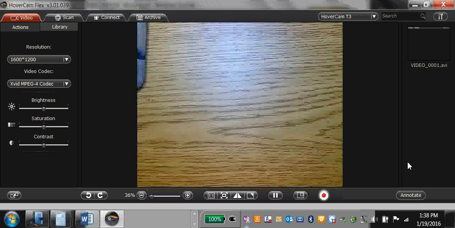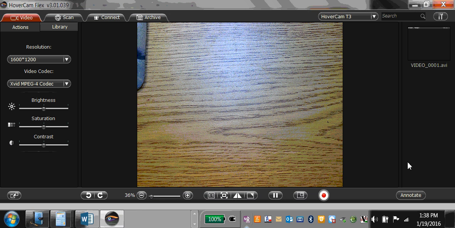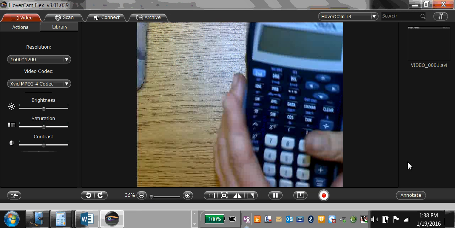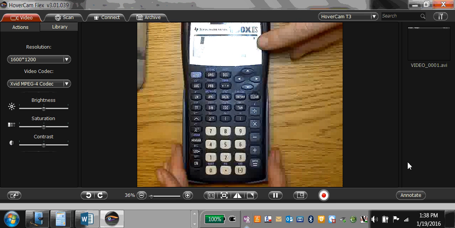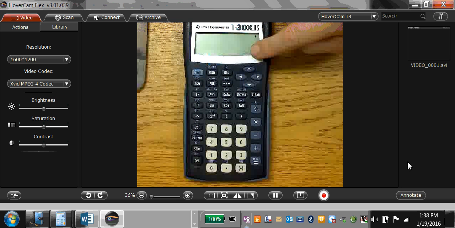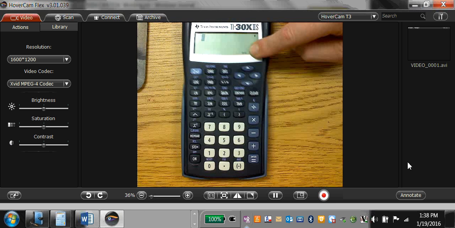Now before we move on, I need to make sure your calculator is set up. Everybody, go to the main screen of your calculator. Got it? Okay.